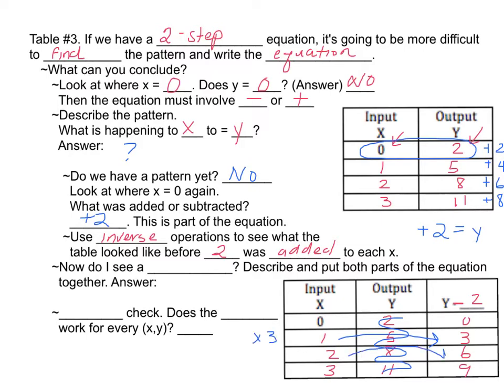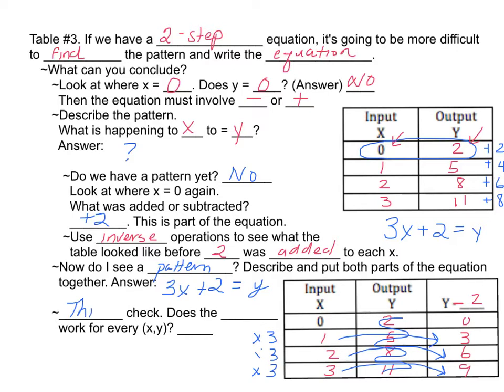To make 2 equal 6, that would multiply by 3. To make 3 equal 9, that would multiply by 3. So now do I see a pattern? Actually, yes, I do. Now I see it looks like x is being multiplied by 3. Then we are adding 2 to it to equal y.